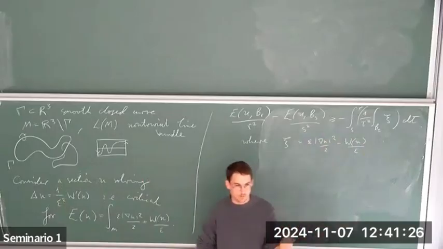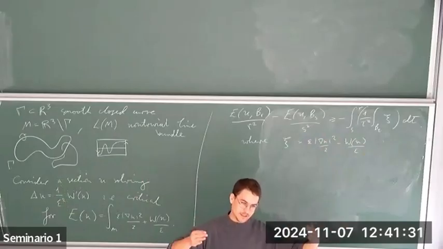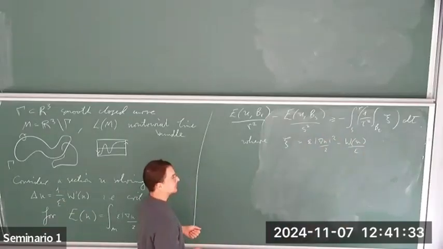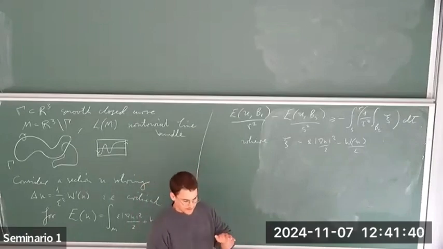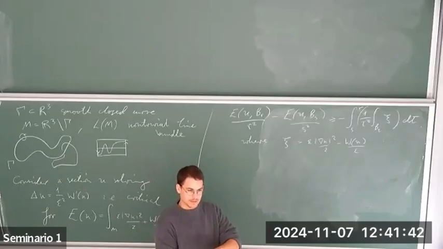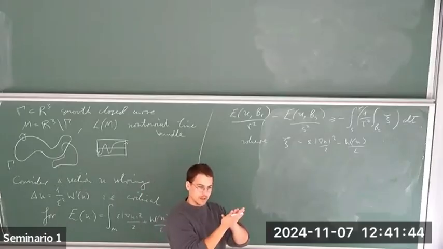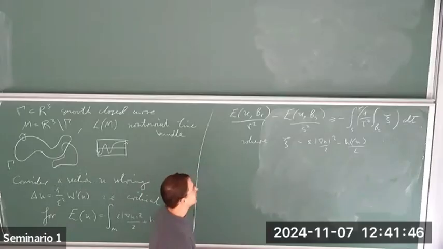So although we might not have monotonicity for positive epsilon, in the limit, the energy ratios become monotone. And so what we need to establish is that the positive part of the discrepancy is going to 0 in L1. That will be sufficient.